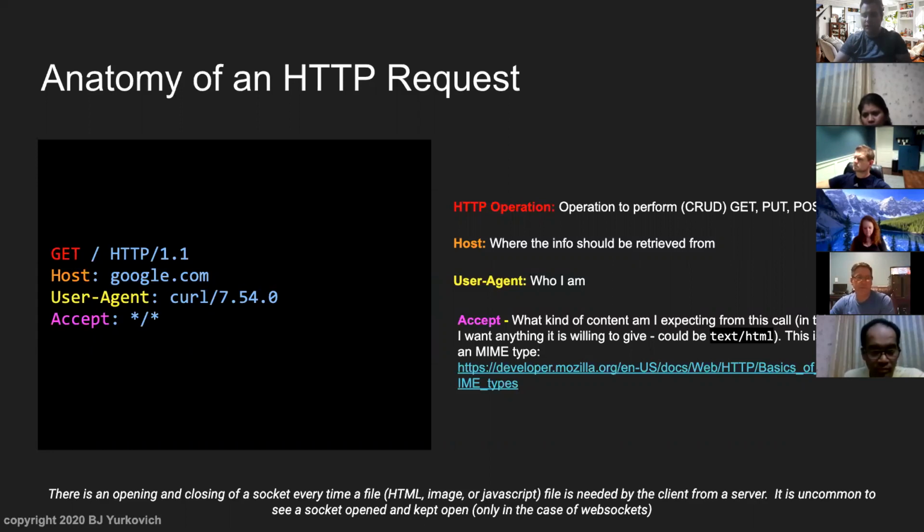So if I say, look, hey server, or hey cloud, I expect JSON back, I'll actually put an encoding in there that says, hey, I want to accept JSON back. Or HTML, I'm a browser, I expect HTML because I need to parse it. Give me HTML back. These are what we call MIME types. You can look up a little bit more about that.